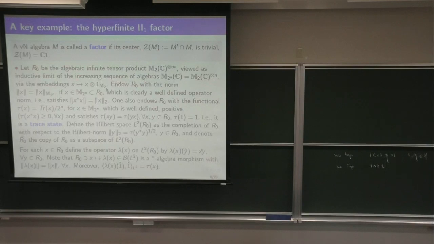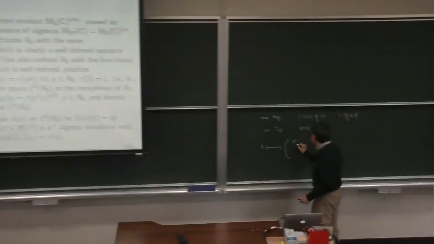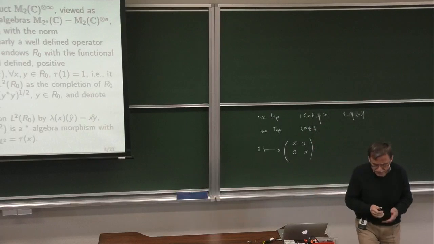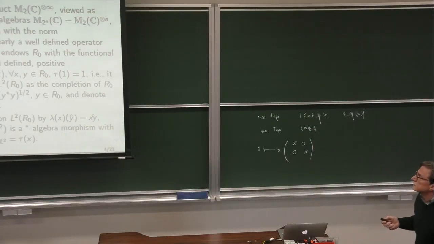And you can, of course, also view this as an increasing sequence of the 2 to the n by 2 to the n algebras, which is just the tensor product only from 1 up to n, with these embeddings, which for matrices look like this. So that's how you go from 2 to the n to 2 to the n plus 1.